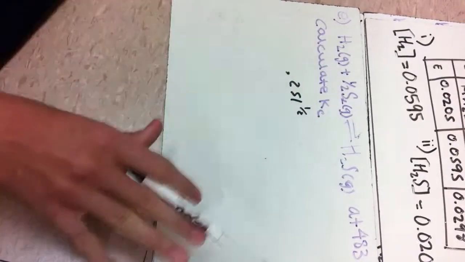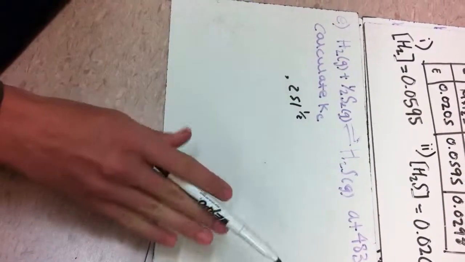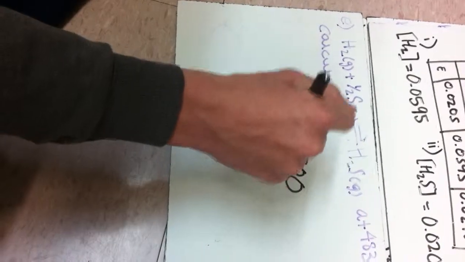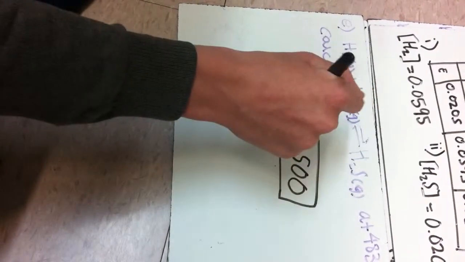We do not divide that by half. This is what a lot of people do, and you do not want to do this. You end up getting 0.500, which is the answer. And our 0.251 came from our equilibrium constant, which was up here. That is it. Bye.